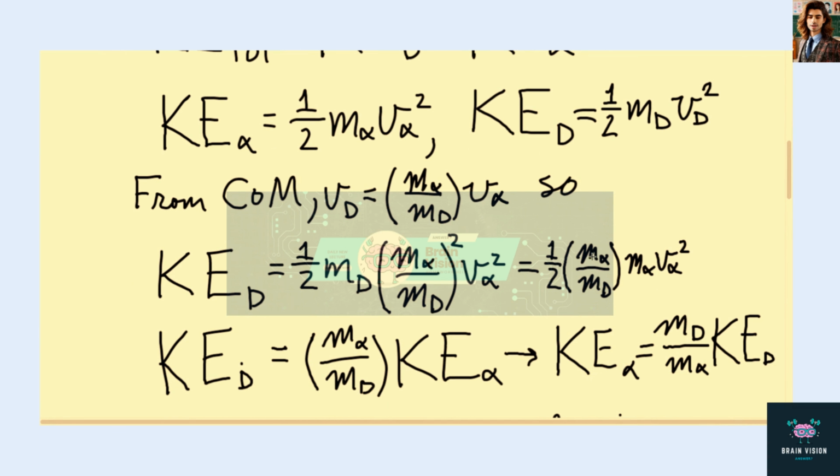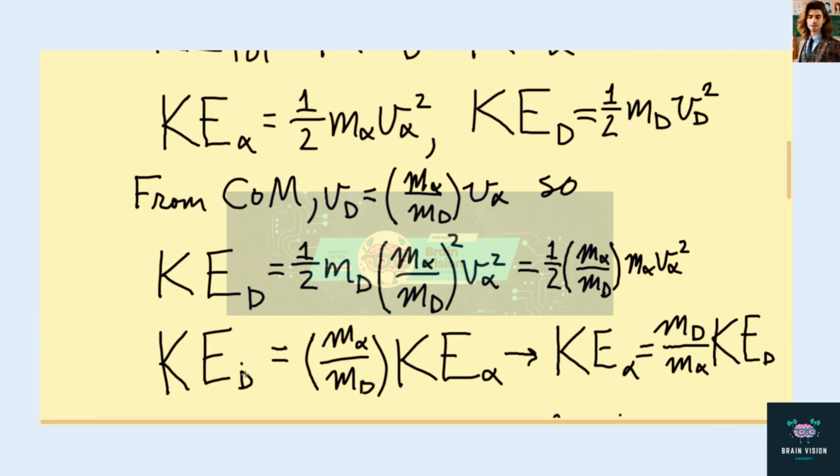Because we now have a kinetic energy of the daughter nucleus expressed in terms of the kinetic energy of the alpha particle, we can insert one of the two into our energy conservation.